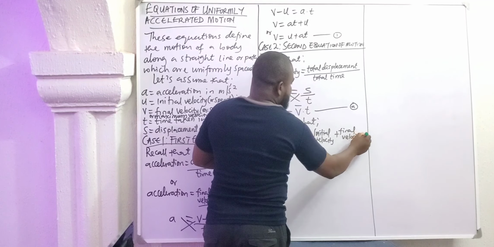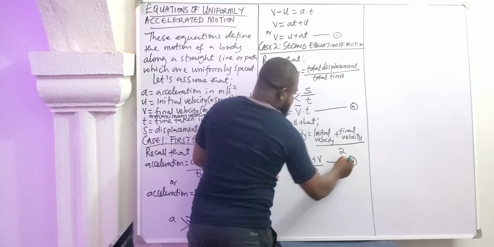We put the letters. Average velocity is V bar, initial velocity is U, final velocity is V, divided by 2. Let's call this equation B.